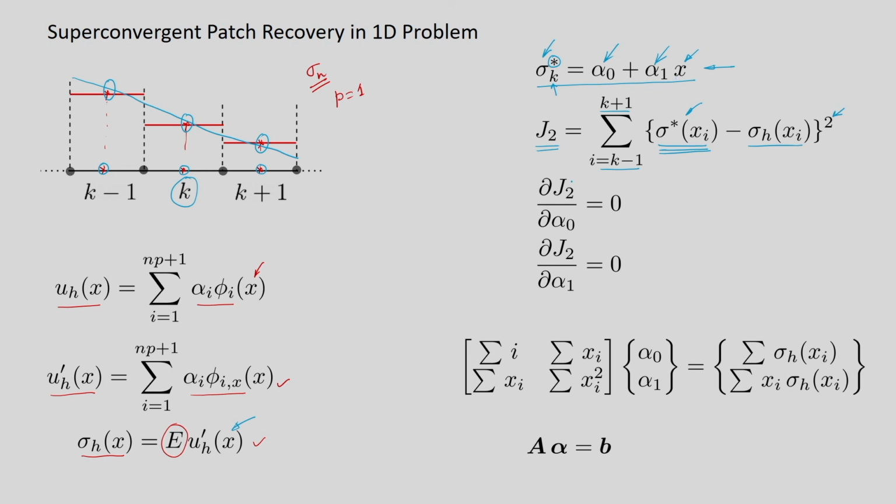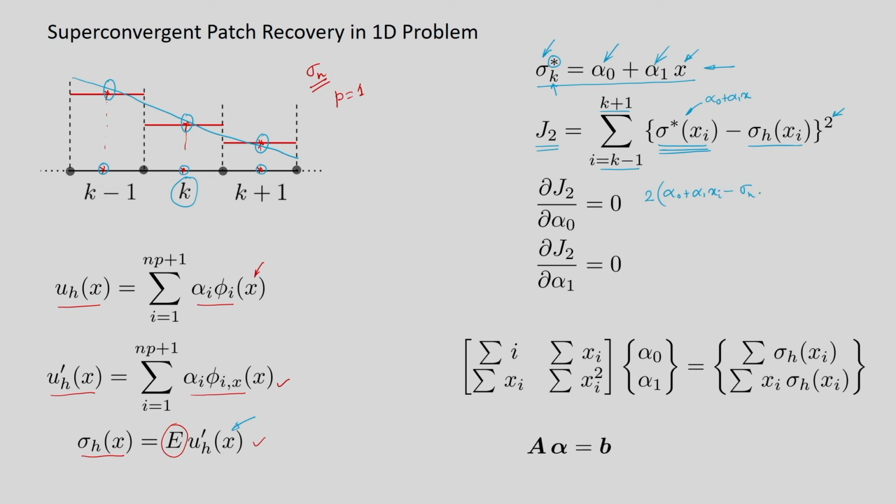So, if I write del J2 del alpha naught, then I will get one equation. Because this is alpha naught plus alpha 1 x, I have to calculate the derivative with respect to alpha naught. What we will get is twice of sigma star, which has alpha naught and alpha 1 x, so I will write alpha naught plus alpha 1 x, that is sigma star, minus sigma I. Sigma I's value is a constant.